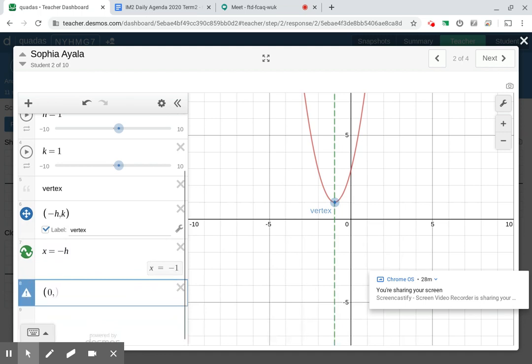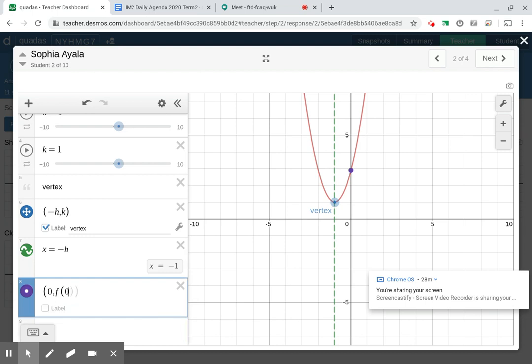Well, at the y-intercept, what's always 0, the x or the y? The x is always 0, and then we're going to plug in 0. Same thing as we did on the other one, right? The same process. Make sense?